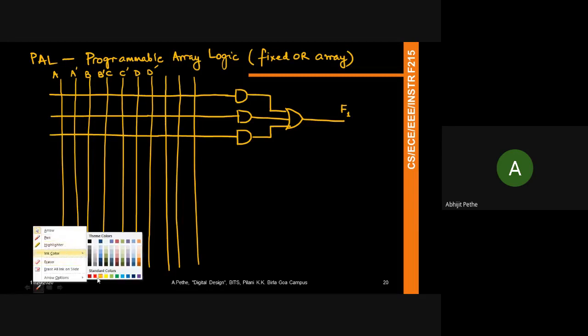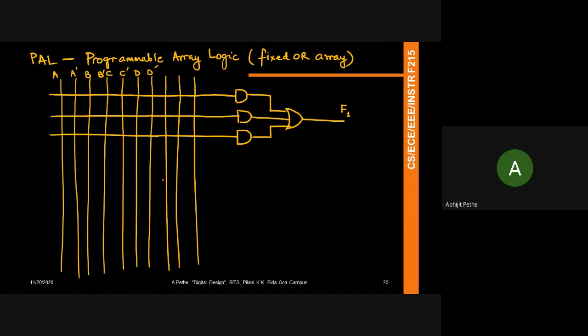To generate A, this is your first AND gate, so I will just fuse A into this input of the AND gate. Nothing else will be fused. For the second, I want to include BCD. So I'll take B, I'll take C. No, sorry, where is C? Did I mess up? Just a sec.